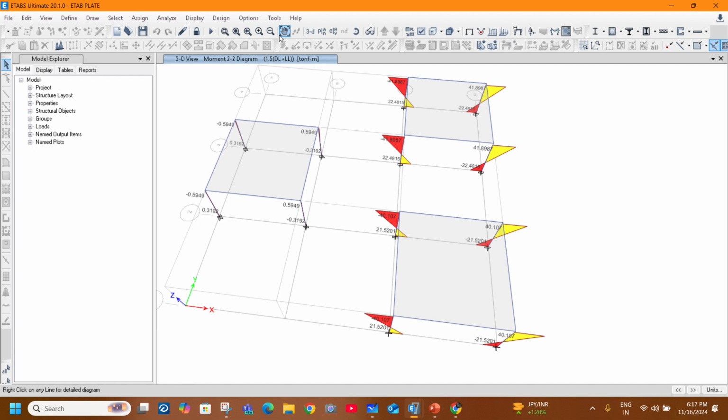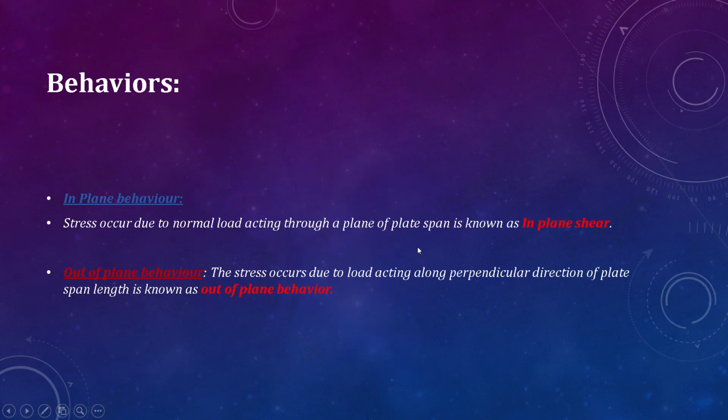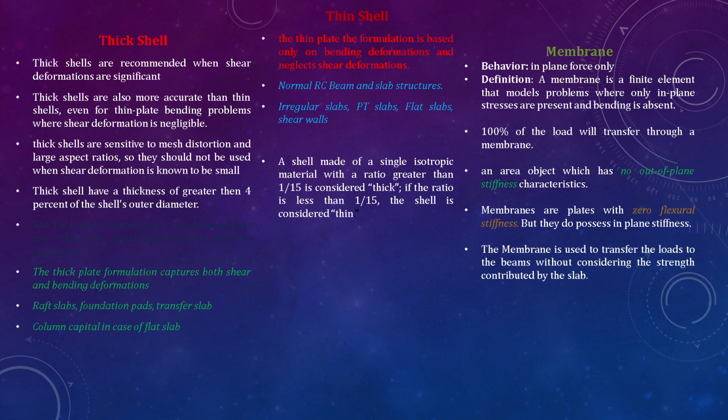And depending upon the thickness of the slab, we choose thick slab or thin slab. If it is a warped slab, foundation pad or transfer slab, etc., then we choose thick cells. And if it is a normal slab such as normal RCB or slab structure, then we choose the thin one. Okay.